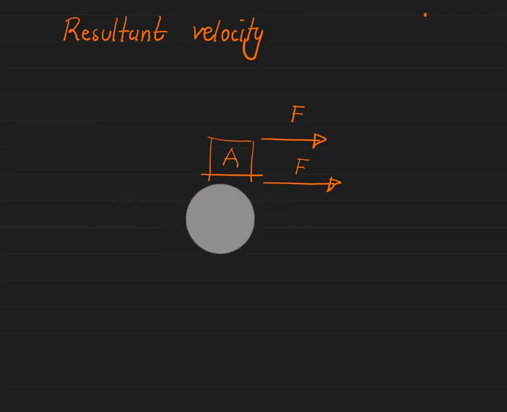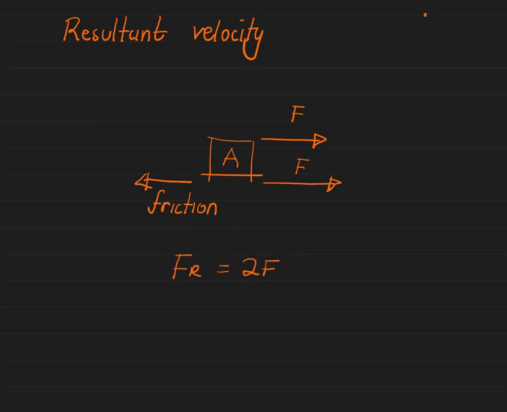Let's give another example. Let's say you have friction that's moving in the opposite direction. So now you have three forces acting on this object. Your resultant force, in this case Fr, will become 2F minus your friction, because your friction is going in the opposite direction to the applied forces.